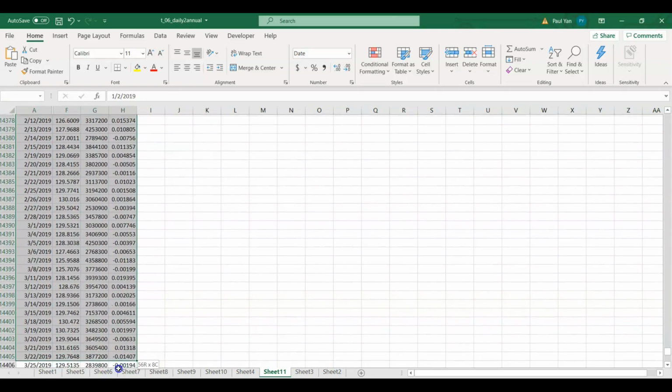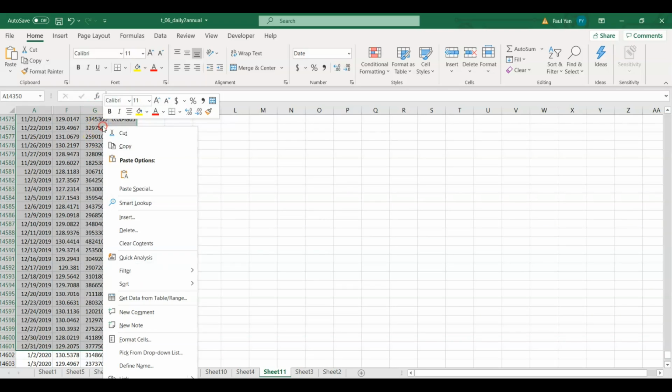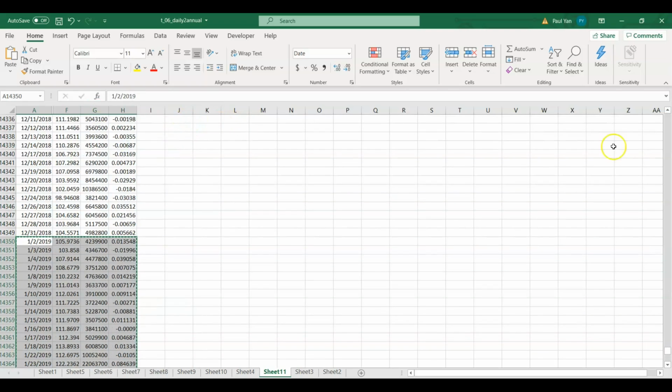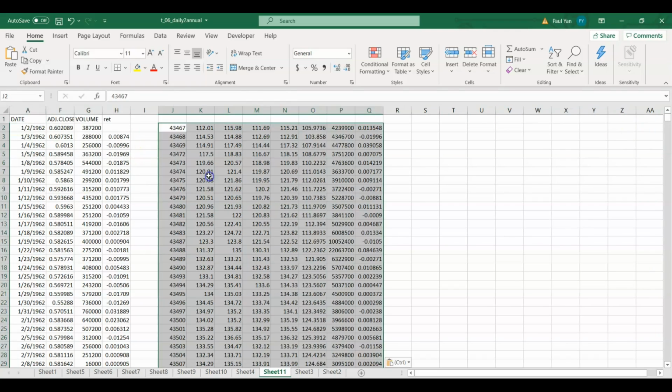So let's copy and paste as value. You don't have to copy and paste if you know how. Control Home, and let's paste it here.